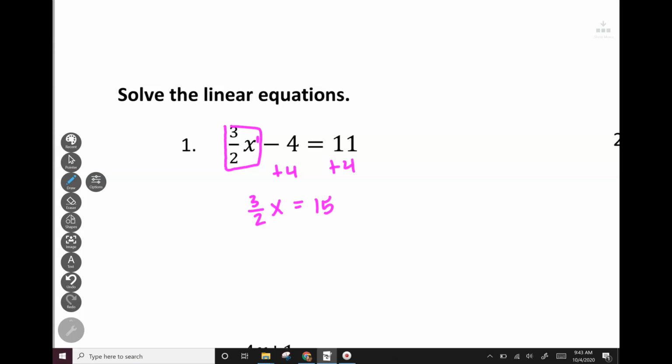So to do that, you would want to multiply by the reciprocal, which is just flipping this fraction. So multiply by 2/3 on both sides. Okay, because 2/3 times 3/2 is 1, so that becomes 1. And then 15 times 2/3, well, 15 divided by 3 is 5. 5 times 2 is 10. Or you could use your calculator for that.